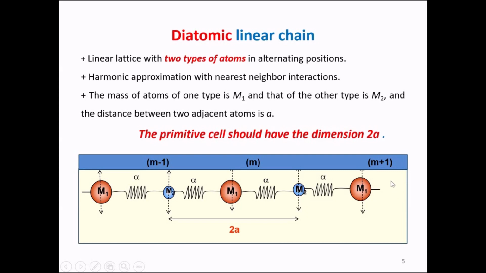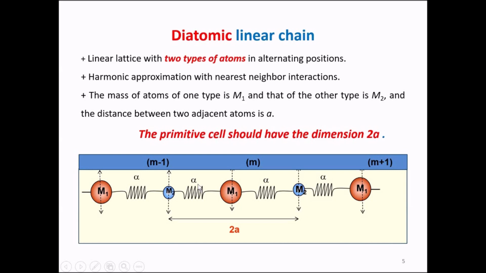The atoms here have the same force constant, alpha, but different masses only, M1, M2, and I try to draw the spheres with different diameters, M1, M2, M1, M2, M1.